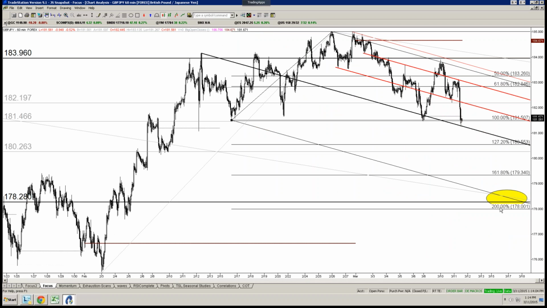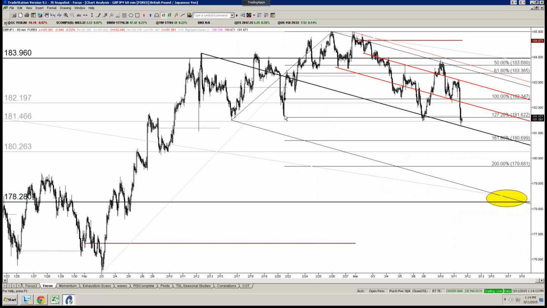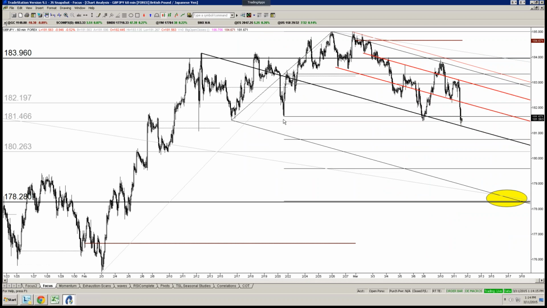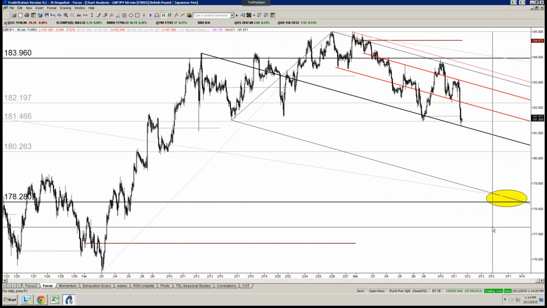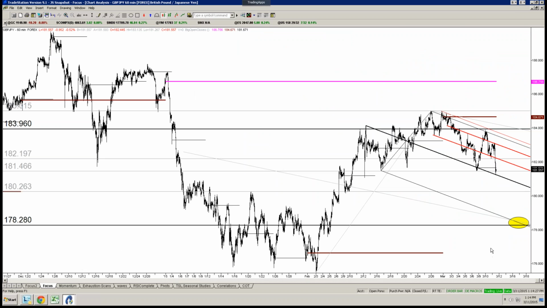Depending on where you measured from, if you measured from here, it'd be 178 even. If you measured from here, it would be 178.31, and the daily reversal level is 78.28. So yeah, spot on.